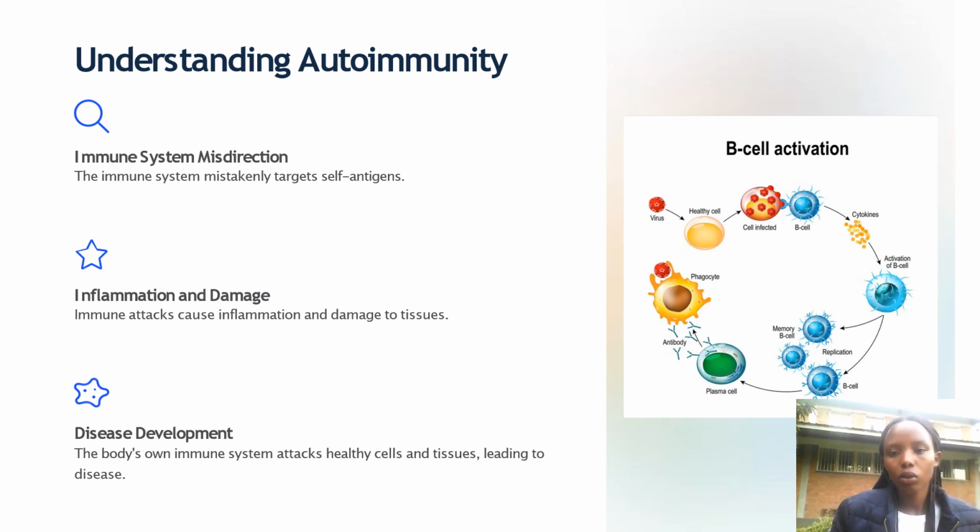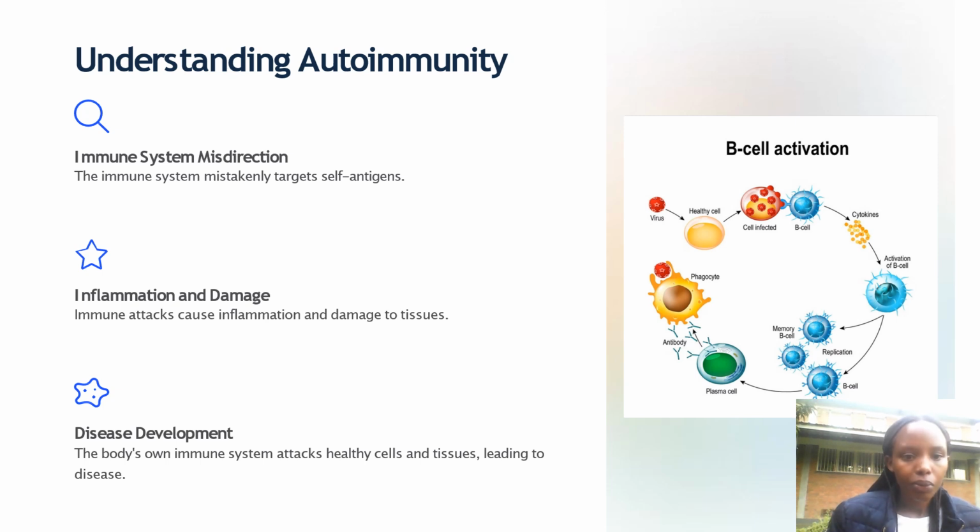By understanding autoimmunity, this structure shows when the immune system mistakenly attacks its own cells. So this structure shows B cell activation, a stage that shows how B cells will be activated.